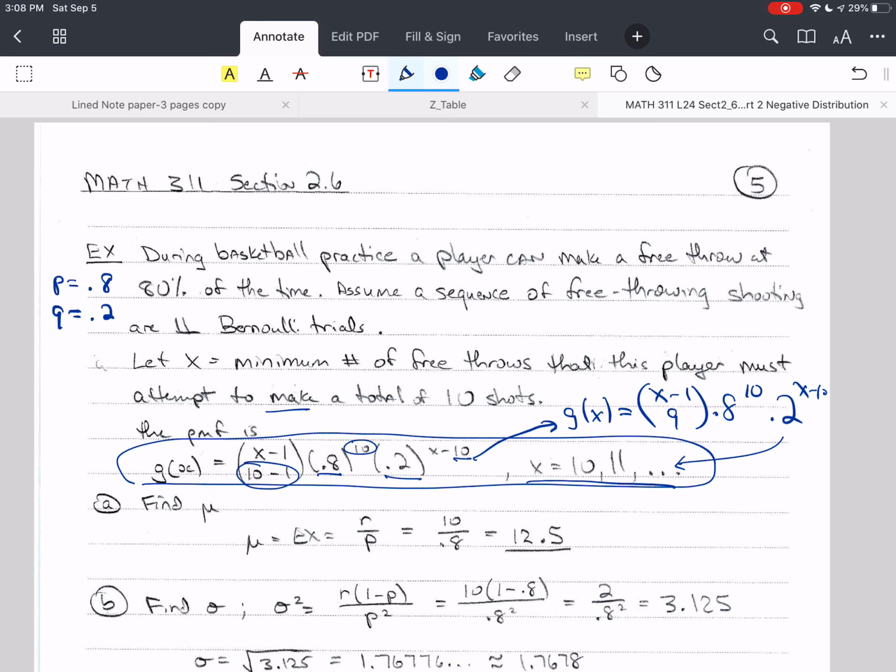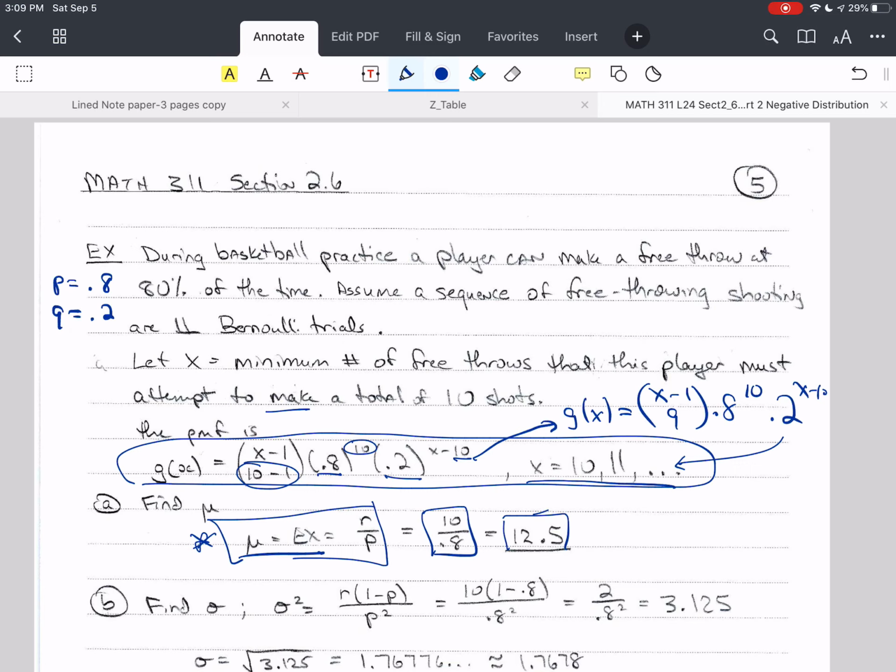We want to first find mu. So mu is E of X, and it's equal to R over P. Now, always write down your formula, then fill it in. And if you want to get full credit, do that, please. And so I plug in for R and P, and we get 12.5.